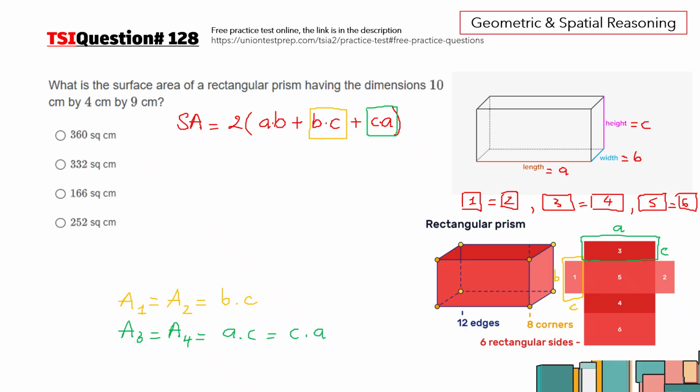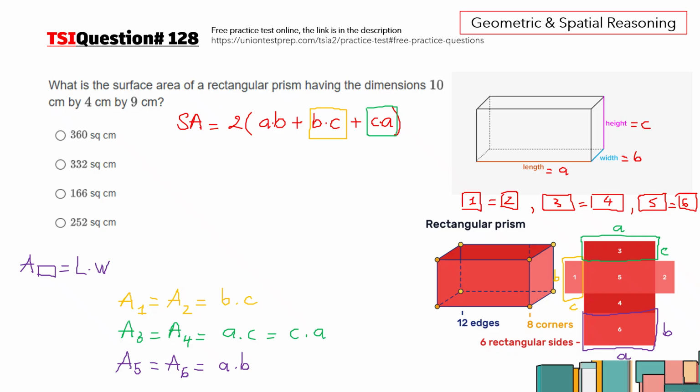Now area 6 and 5 are the same, so area 5 equals area number 6. This one is A and B, so A times B, since the area of a rectangle equals length times width. So we have 3 different types of rectangle, and the dimensions are different.